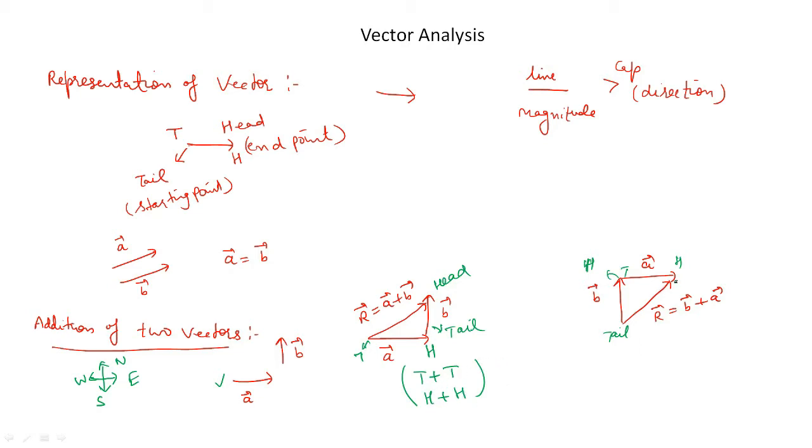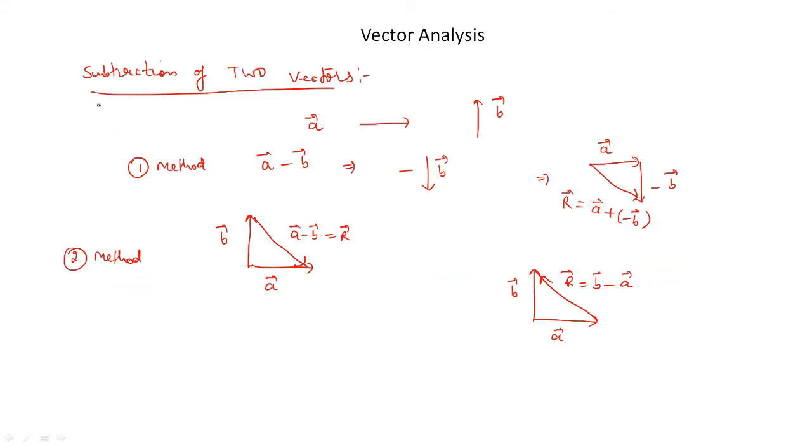So the arrow will be towards the vector A side and the tail will be towards the B side of the resultant vector. It is called the vector R and it is equal to vector B plus vector A. So we can learn how we can add two vectors.